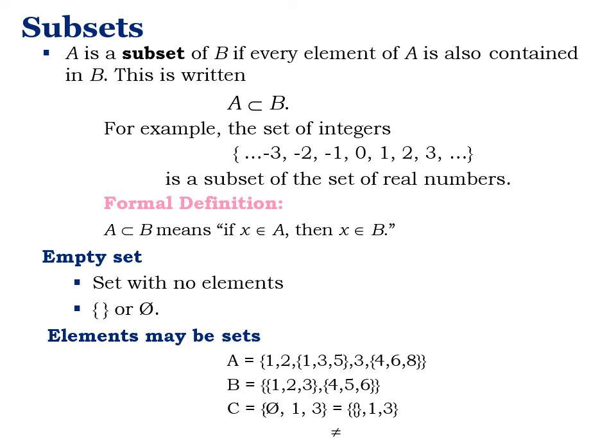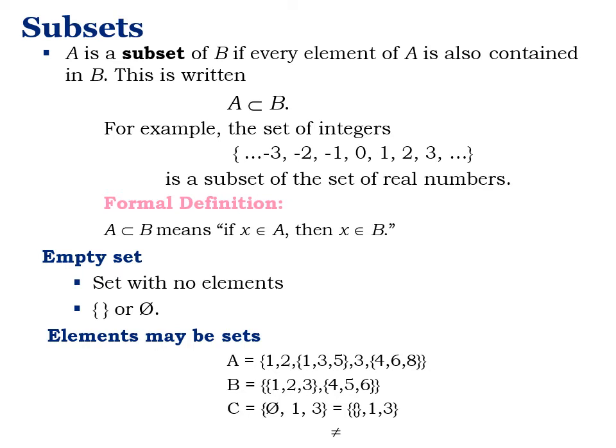So we also have to know the parameter which is called the empty set. Set with no element. It is indicated by this symbol or this symbol. Elements may be sets. So take note that an element is not only represented by a single number or a single letter, but you could also have an element which is also a set.